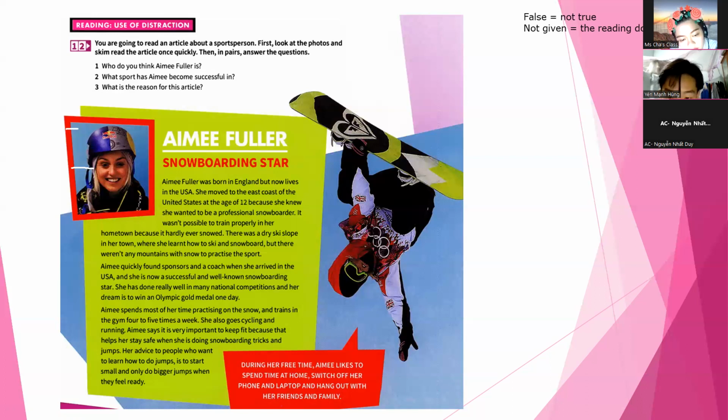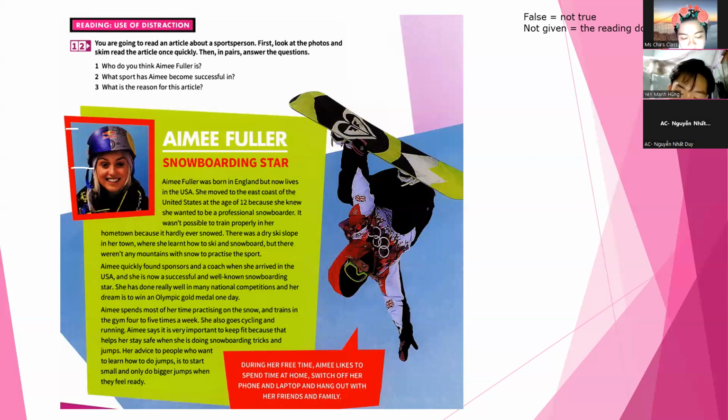Amy spends most of her time practicing on the snow and training in the gym for 5 times a week. She also goes cycling and running. Um, Amy says it is very important to keep fit because that helps her stay safe when he doing snowboarding tricks and jumps.